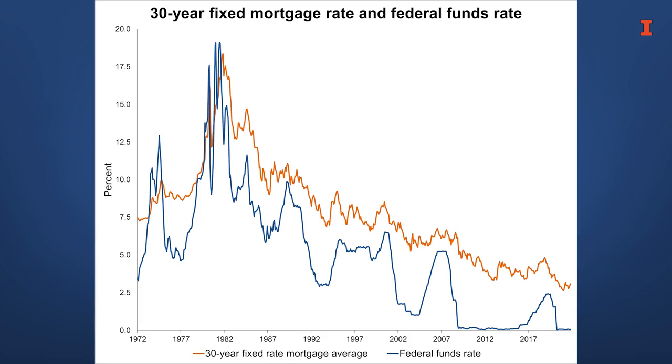The largest line item on a household's balance sheet is usually their mortgage. This graph shows you the interest rate on a 30-year fixed-rate mortgage and the federal funds rate. As you can see, the two rates move together, so mortgage rates will react to changes in monetary policy.